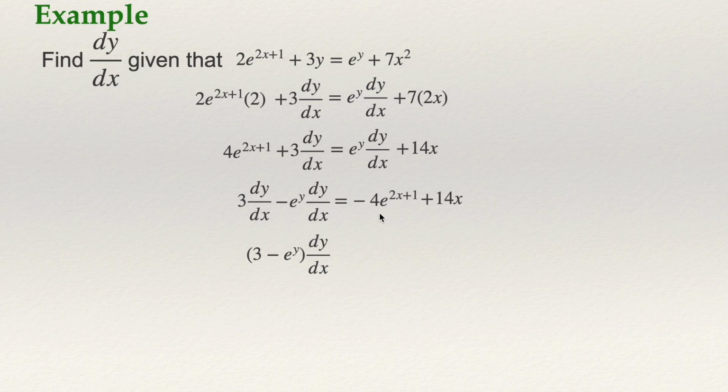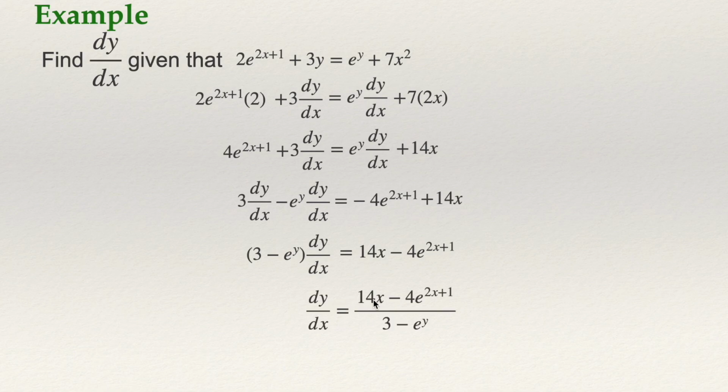At the other side we have equal minus 4e to the power 2x plus 1 plus 14x. And then I can type that dy/dx equals 14x minus 4e to the power 2x plus 1, over 3 minus e to the power y.